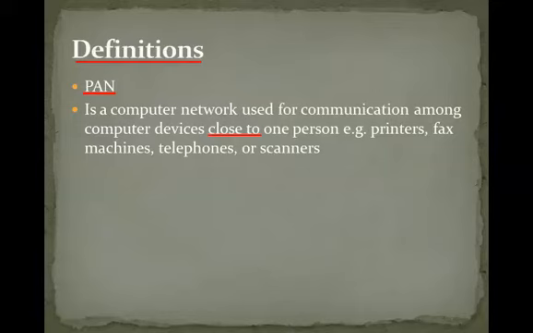Now this description is very important to show close to, because it's a network that covers a very small geographical area that is close to one person. So it is not a big network.